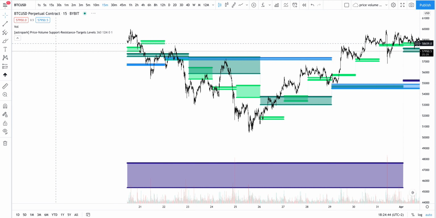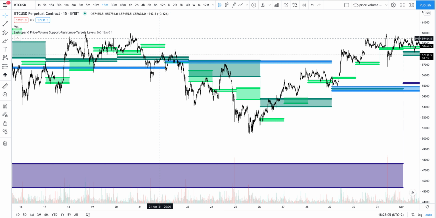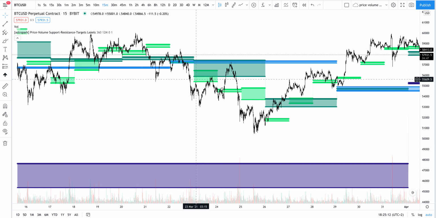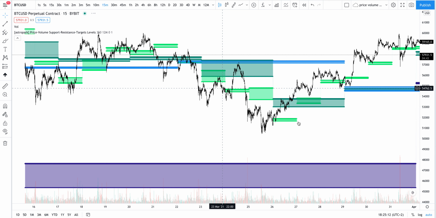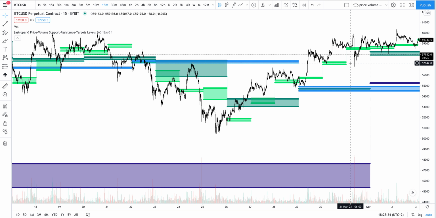As you can see, the light green zones are going down here, for example. So this means basically we are in a bearish trend. The resistance is getting lower and lower as the price is going lower and lower, and you can start to understand that the trend is changing when this zone changes direction. As you can see here, the zones are going up, so here we are in a bullish trend.